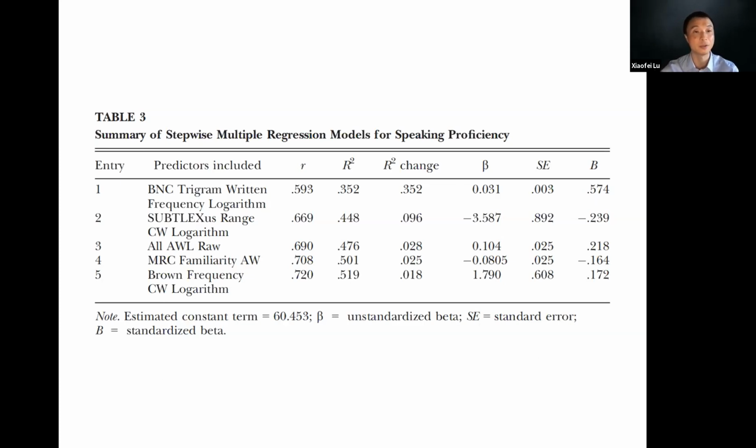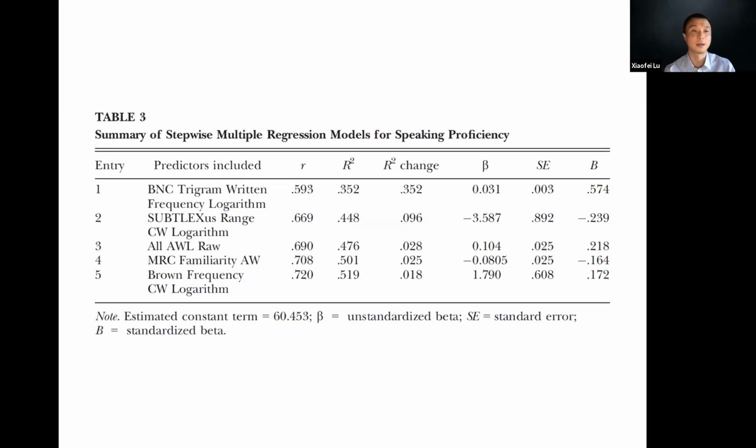So these 5 measures accounted for 51.9% of the variance in the scores of TOEFL speaking. If you look at these 5 measures, they actually come from different kinds of categories. So there is the trigram frequency in the BNC corpus, but only in the written component of the BNC. And then there is a SUBTLEX range.